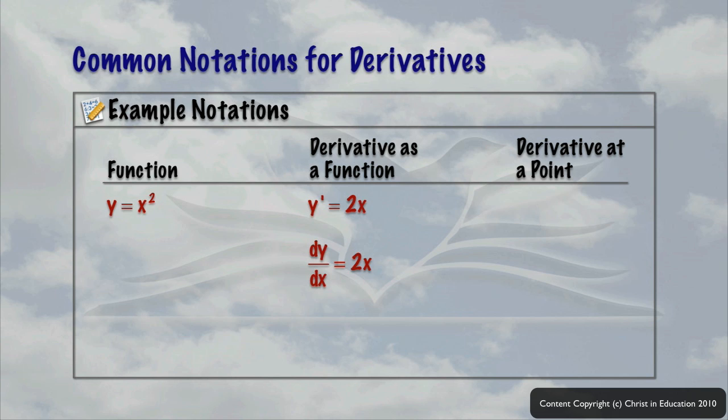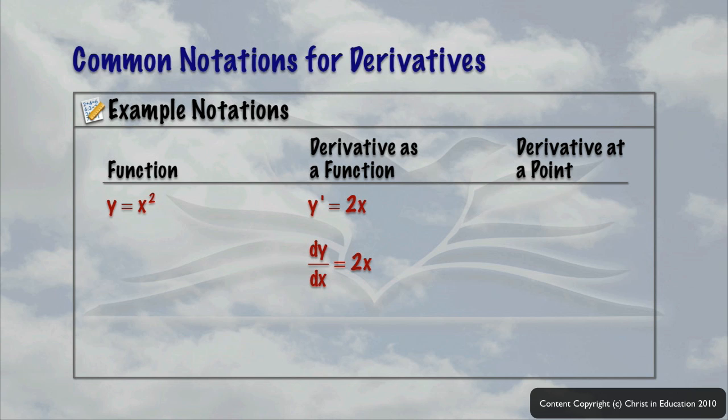I can also write this as dy/dx equals 2x, and it's really important that you know that this isn't a fraction. You can't go and cancel d and d, okay? This purely means it's an entity as a whole. It's one entity in its entirety, which means the derivative of y with respect to x.